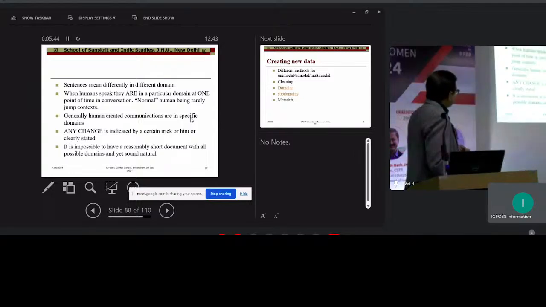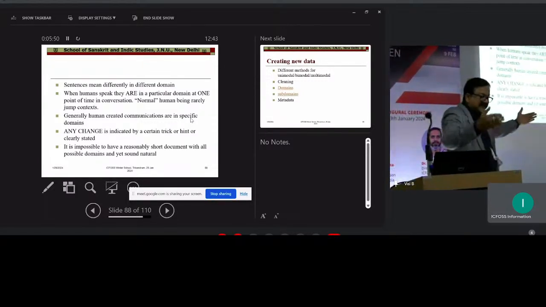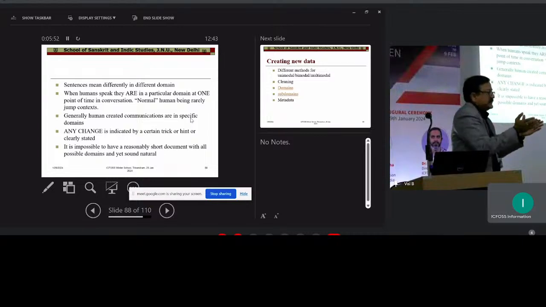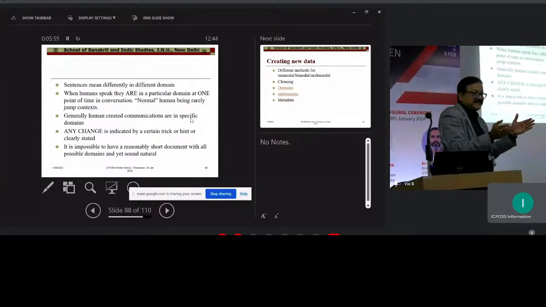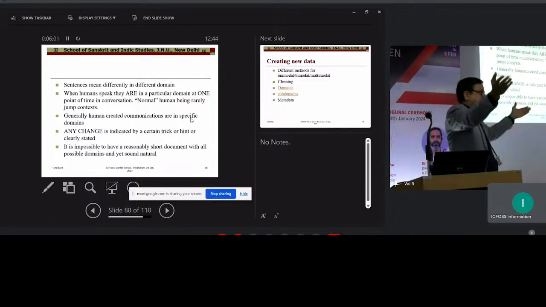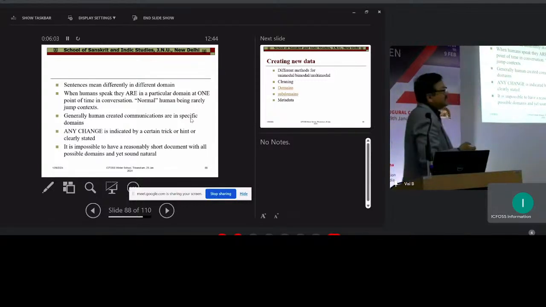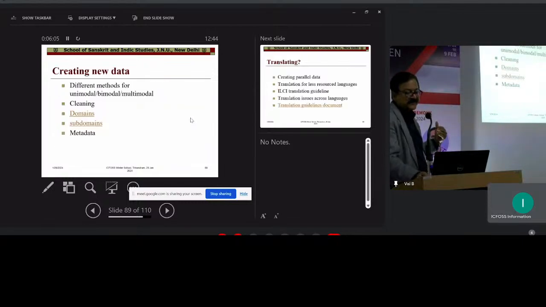It is impossible to have a short document with all possible domains. With larger data, we change domain. In a short document, you can't have all domains. It's not humanly possible. In a spoken paragraph, we have only one domain. We can speak at long length, and we can change it. Right? So all these things are very important in data collection.